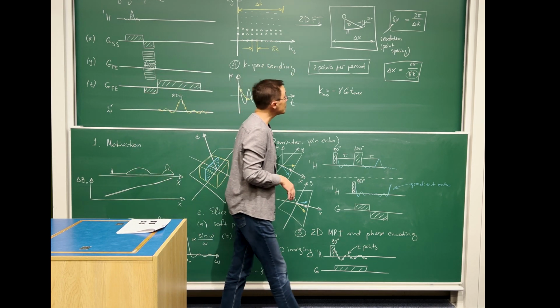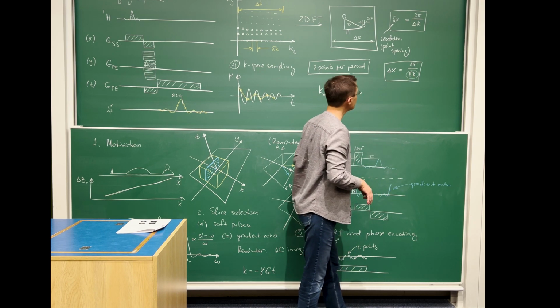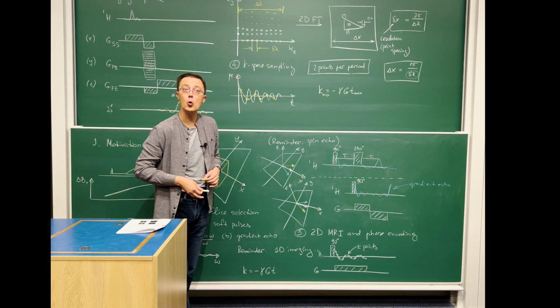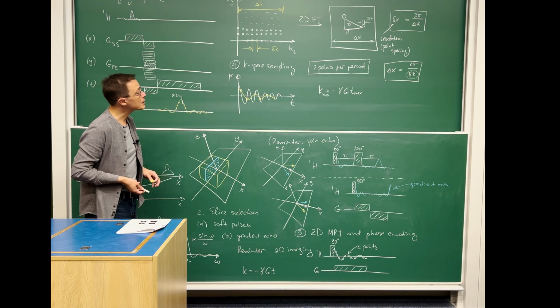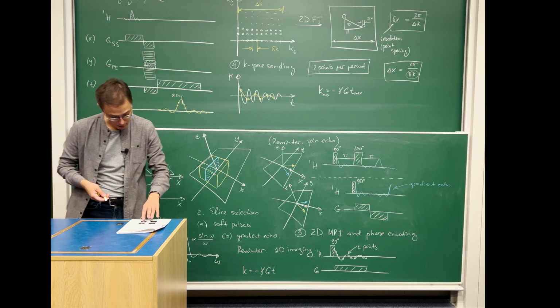And so reducing delta K in the acquired data means a bit more noise is going to get through. So there are these various trade-offs that we must be aware of.